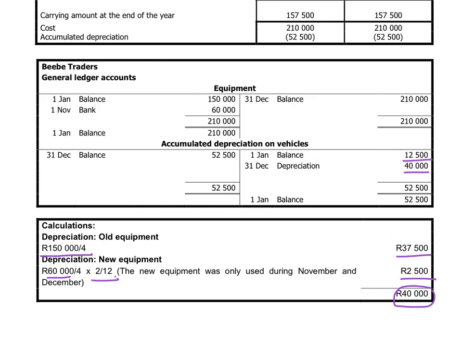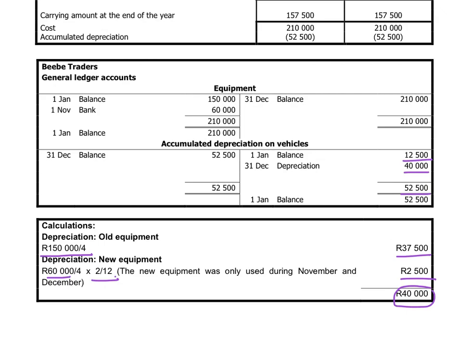So after the current year's depreciation is added, this amount accumulated to 52,500. So after the second year, the total accumulated depreciation is 52,500. We will keep on writing off depreciation until the accumulated depreciation on a specific asset equals the cost price.